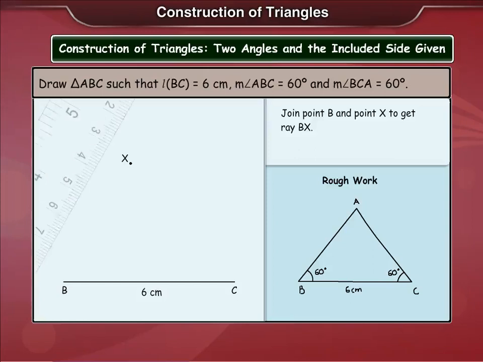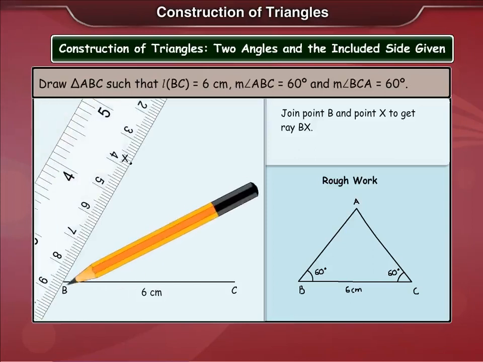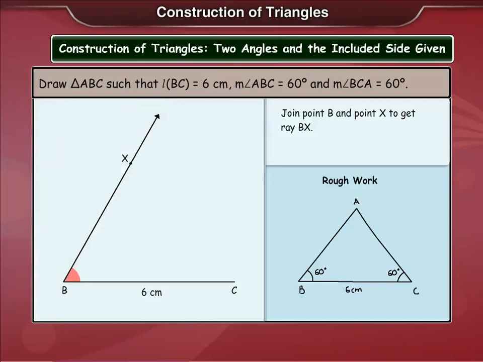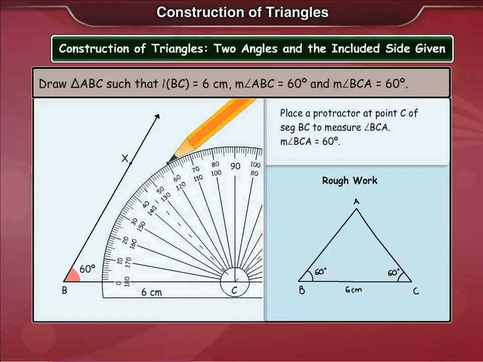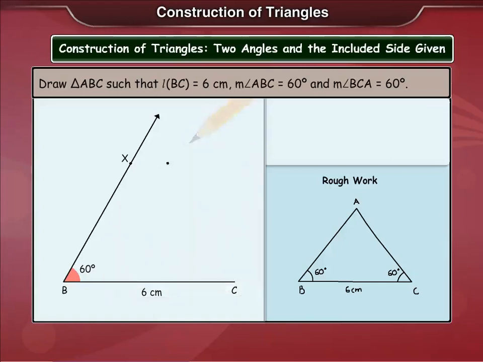Placing the protractor at point B of segment BC, draw ray BX such that it forms an angle of 60 degrees. Now place a protractor at point C on segment BC to measure an angle of 60 degrees and draw ray CY.